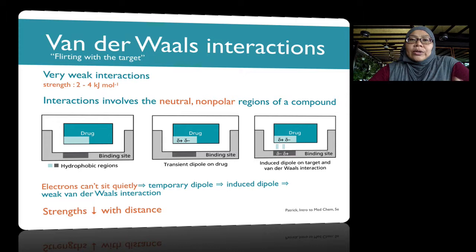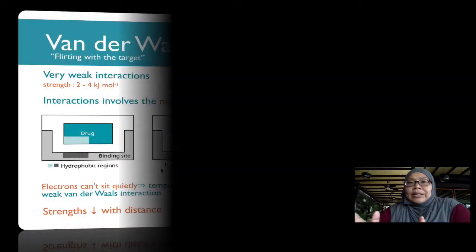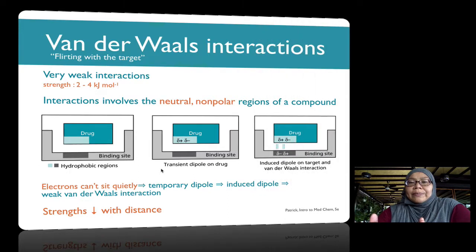Van der Waals interaction with the target is normally quite weak, about 2 to 4 kilojoules per mole, and the strength of dipole-dipole interactions and van der Waals in general diminishes with distance. So if a drug is away from the binding site, the interaction is much weaker.